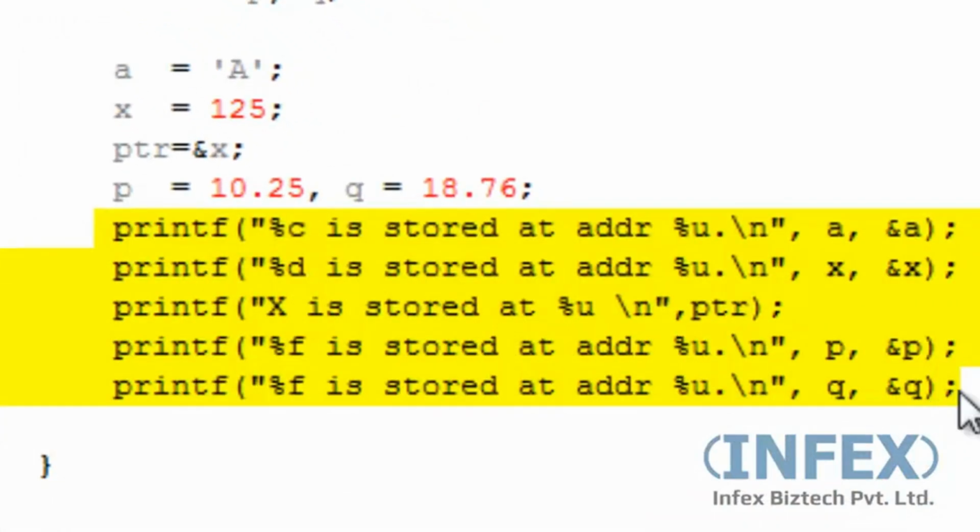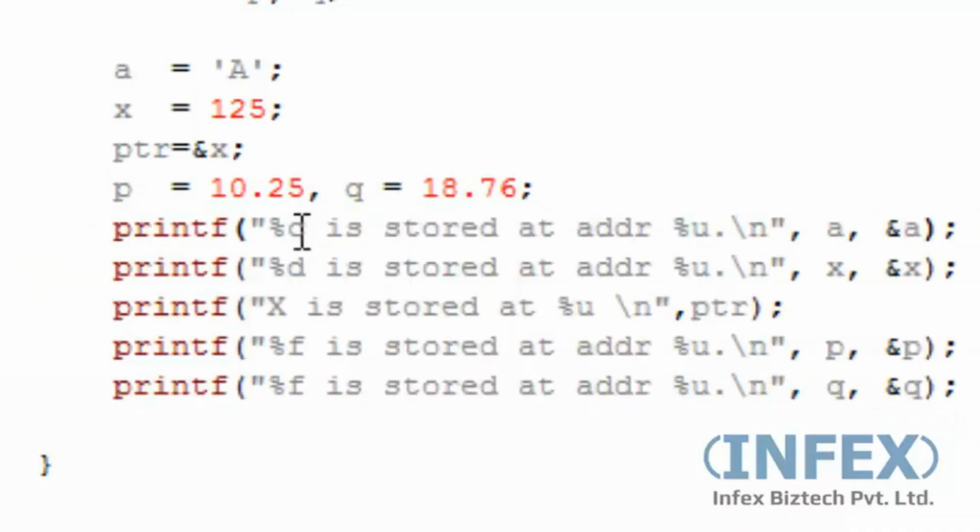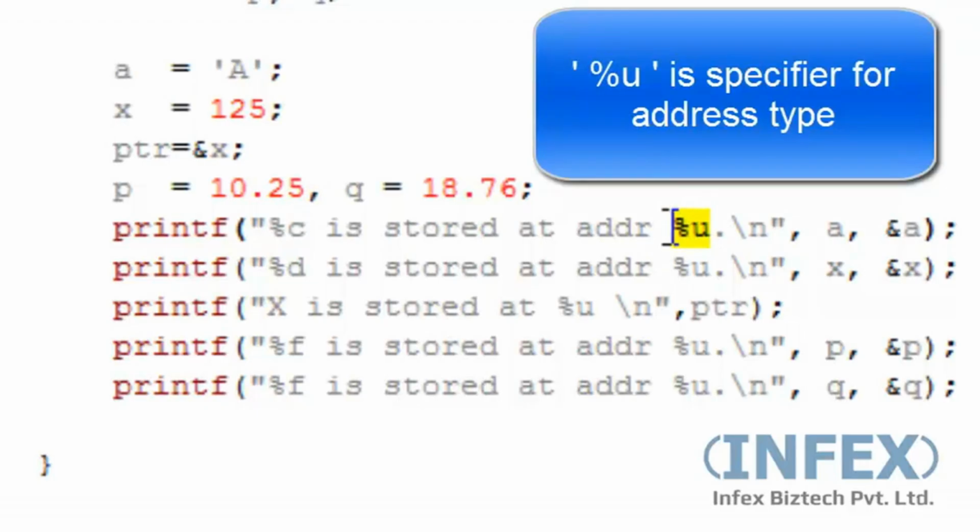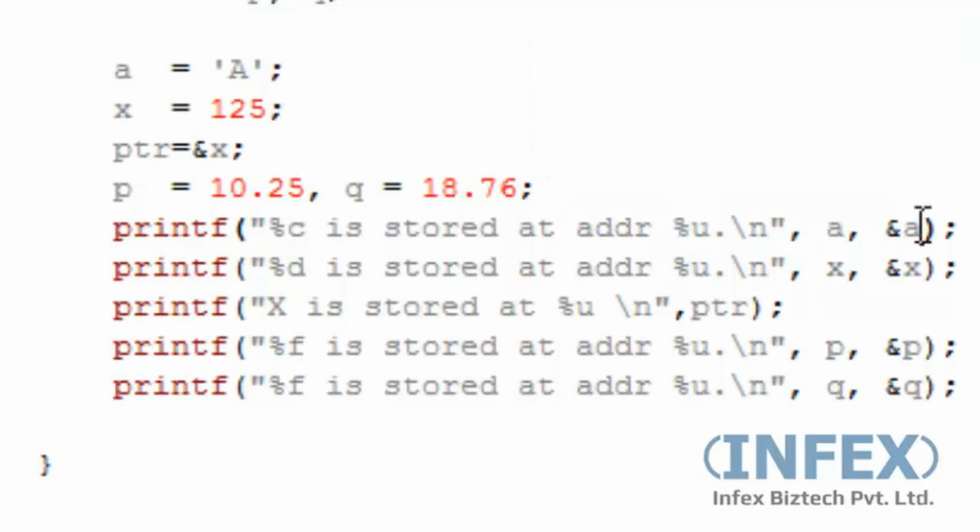some printf statements which are printing the address and value of particular variables. Here we are printing A is stored at address %u. %u is used to specify the address type. So we want to print the address of A, then we have to write here %u.